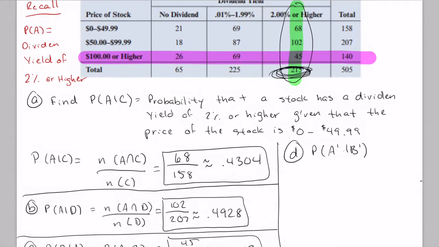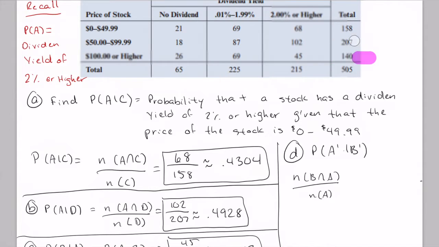So, to do that, we're going to do N of B intersection A over N of A. So let's erase everything in here to see if we can see this better.